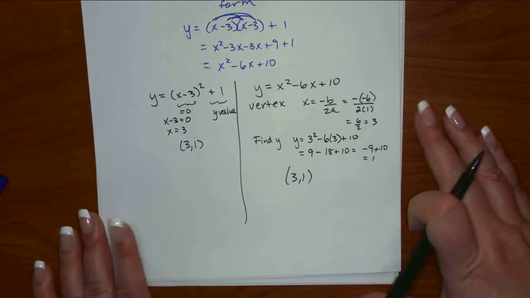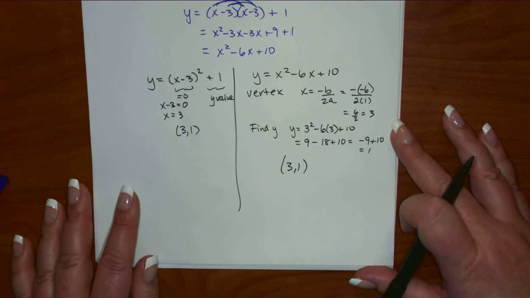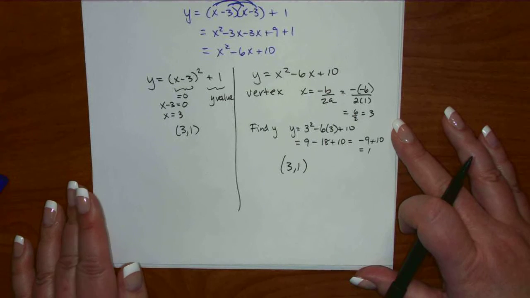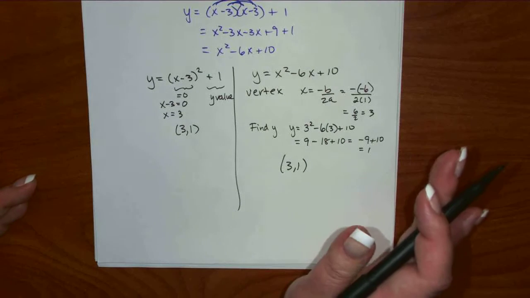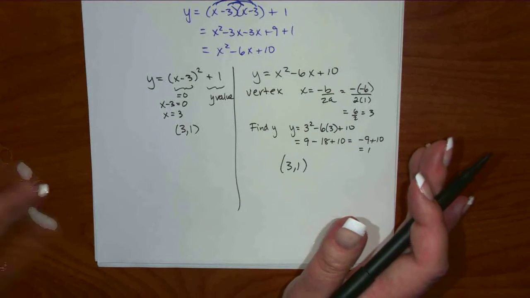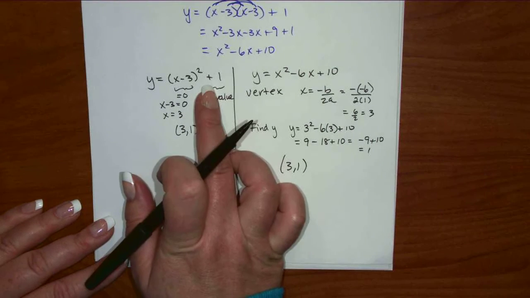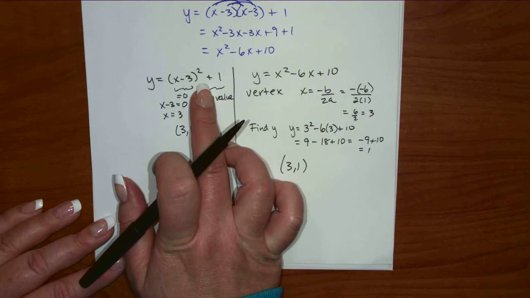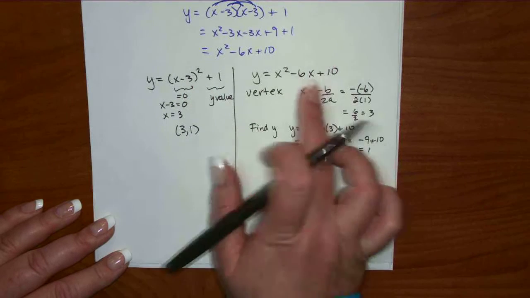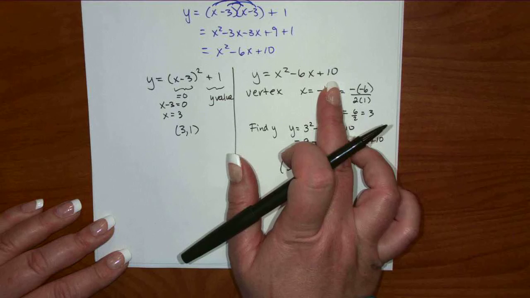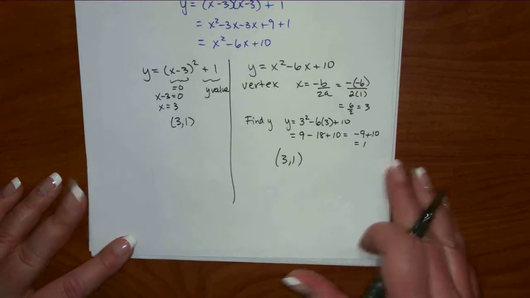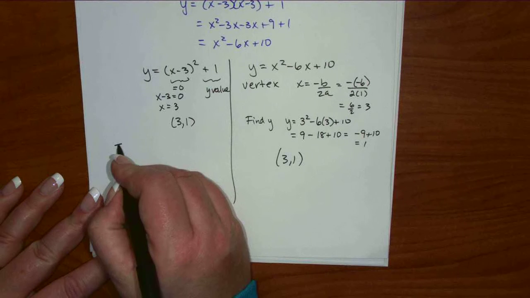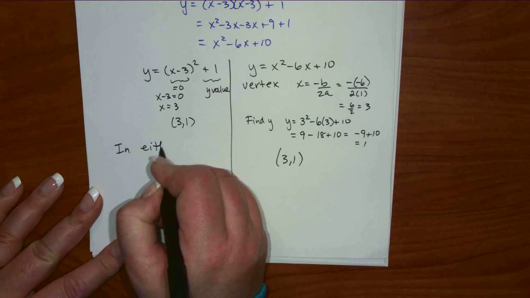Now what else do we need if we were to graph this parabola? The x and y intercepts. Those are easier to find if you multiply it out and use this. There is a way to rearrange this, but I find people mess it up too often. Okay, so you would actually just have this. So in either form, let's write this down.